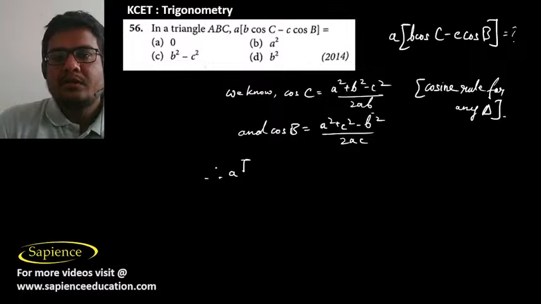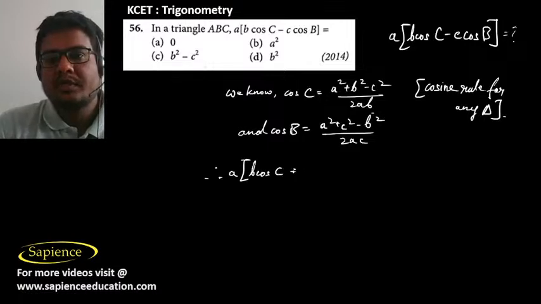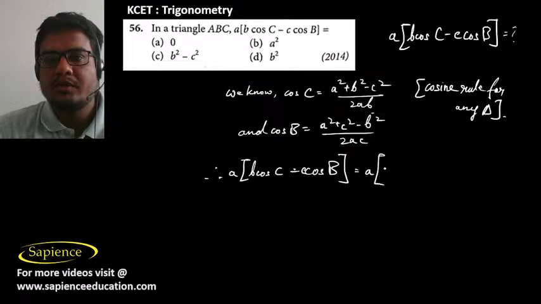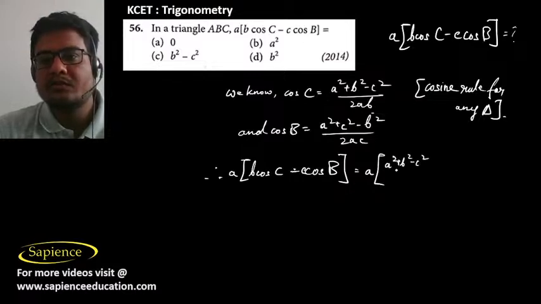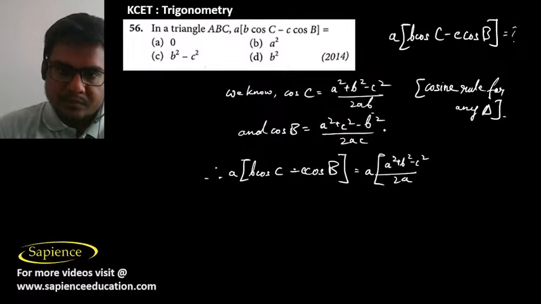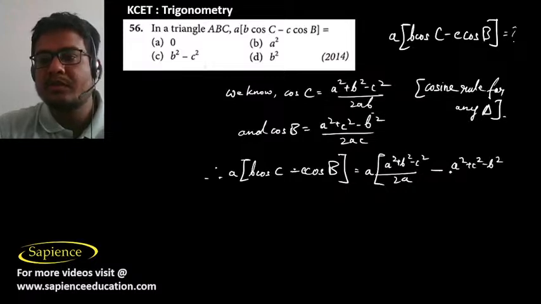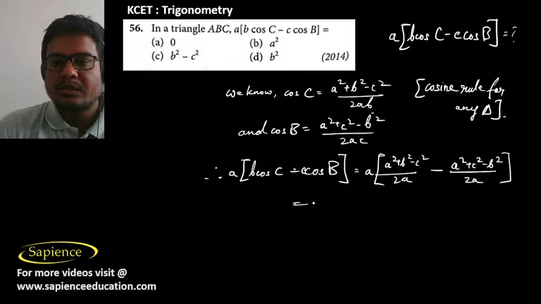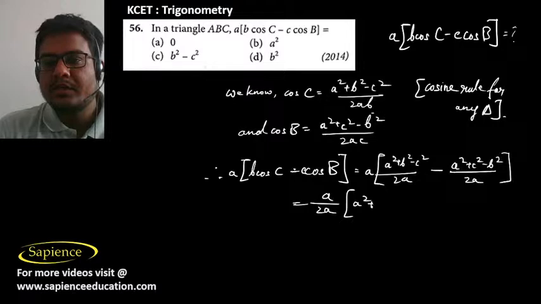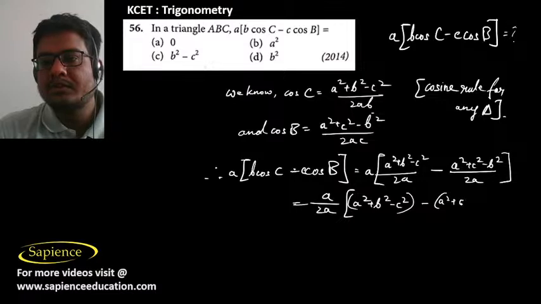So now therefore a into b cos C minus c cos B will be equal to a square plus b square minus c square by 2a, since b and b will get cancelled. This will be minus of a square plus c square minus b square by 2a. So then 1 by 2 I can take as common, so this will be a by 2a into a square plus b square minus c square minus of a square plus c square minus b square.